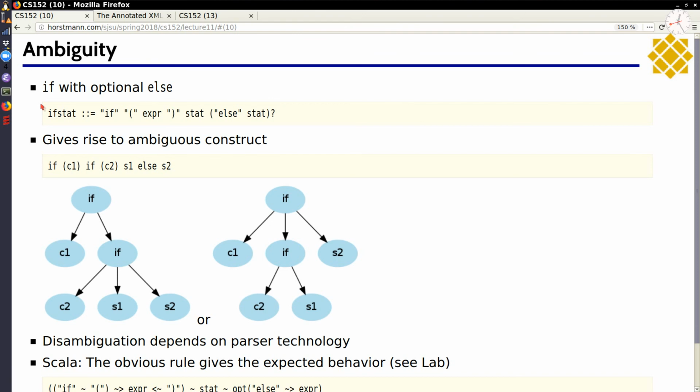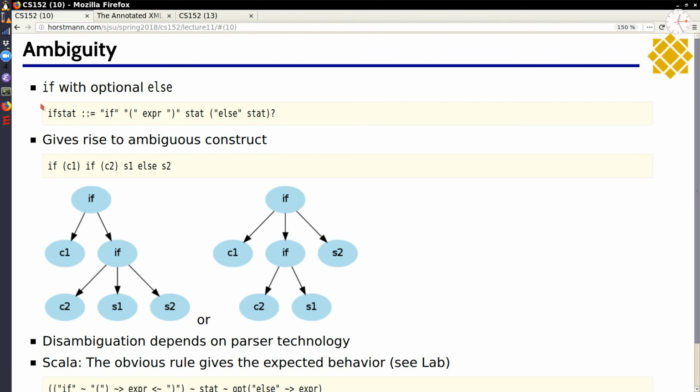So let's use this grammar rule to parse this. I'm going to take off the if, the parenthesis, the C1 here, that's an expression. And then I have a statement. So this statement is a statement, and then I can do that again, and then say the if, an expression, and then the statement, else statement. That would give me this parse here, where I take the position that the child of the if is an if-else statement.